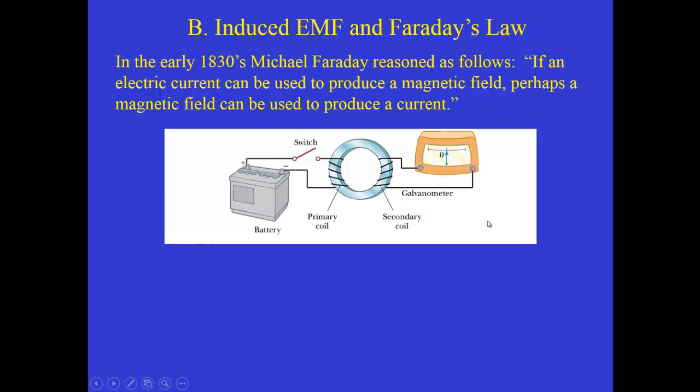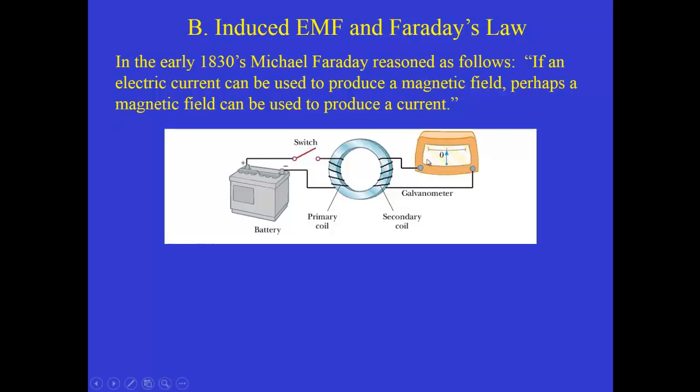And so Faraday tried the experiment, and he failed, because when he closed the switch, there was no current generated in the secondary loop, except what Faraday noticed was that in the instant just after he closed the switch, there was a very slight deflection in the needle on the galvanometer, and then it returned to zero. So it indicated that something was happening in the secondary coil.